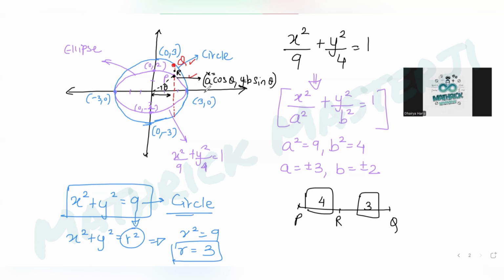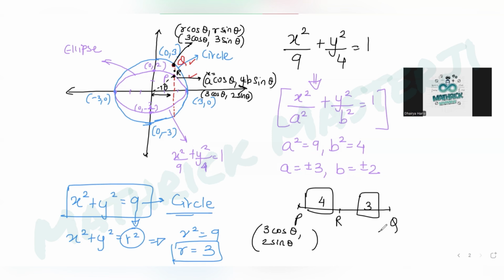So the coordinates for P become 3 cos theta and 2 sin theta. Similarly for the circle, the point Q, which lies on the circle, is given by r cos theta and r sin theta. In this case the radius is 3, so 3 cos theta, 3 sin theta. So I have the coordinates of both P and Q. P is 3 cos theta, 2 sin theta, and for Q I write 3 cos theta, 3 sin theta. So I have the two coordinates with me.